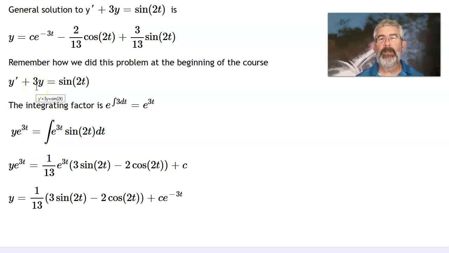It didn't have to be a constant. Here it's 3, it's a constant. And so this method of annihilators, the method that we've been doing here, works, but it wouldn't work if this was any function of t other than a constant. So this method of annihilators works nicely here because it is a constant.